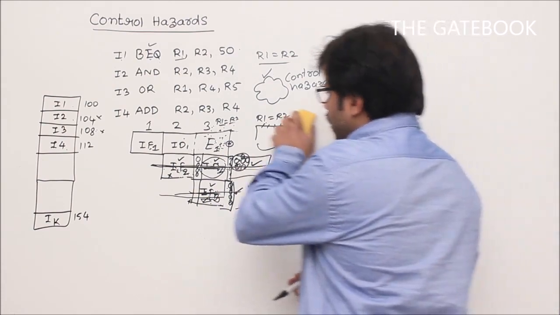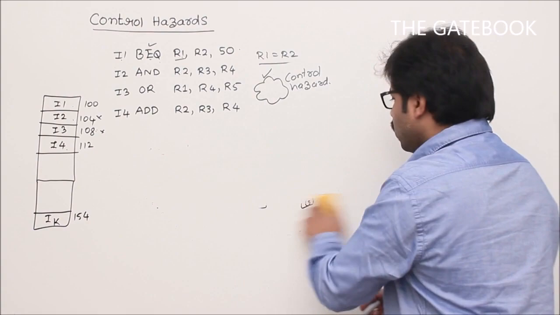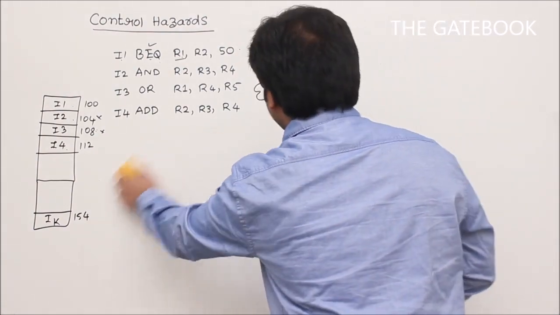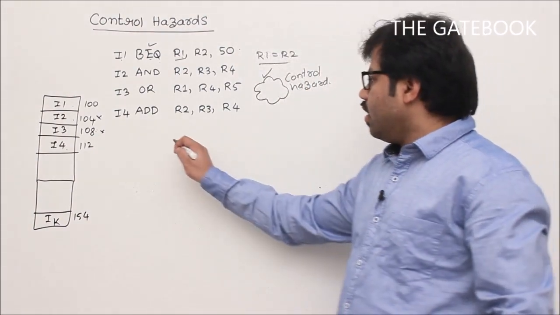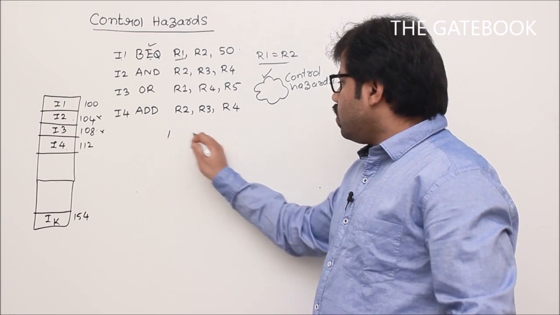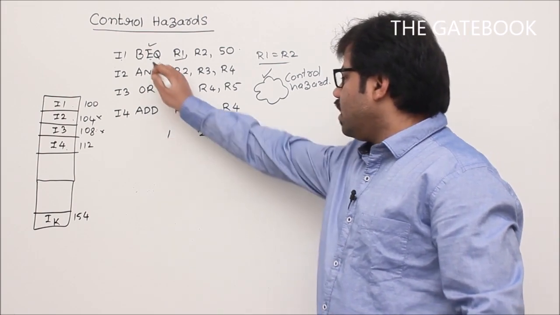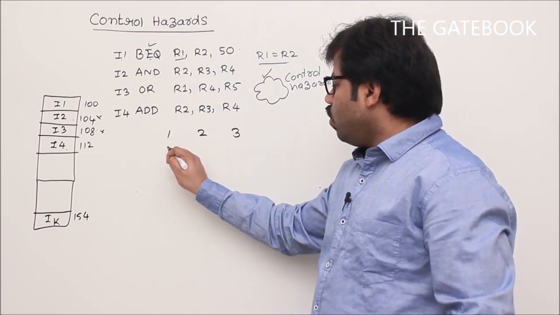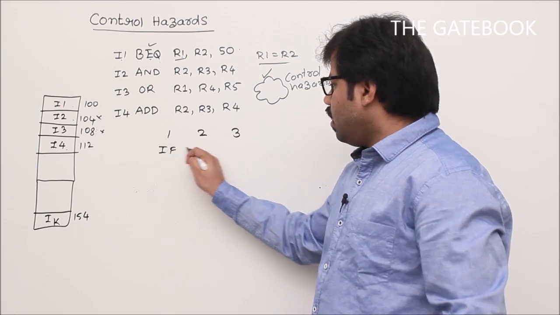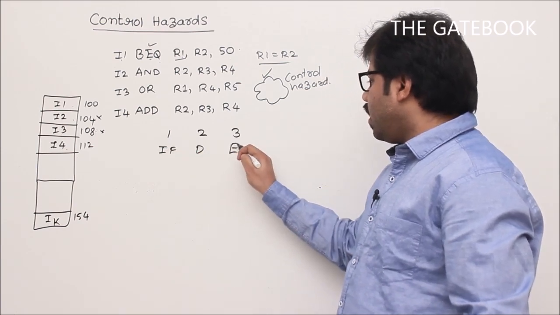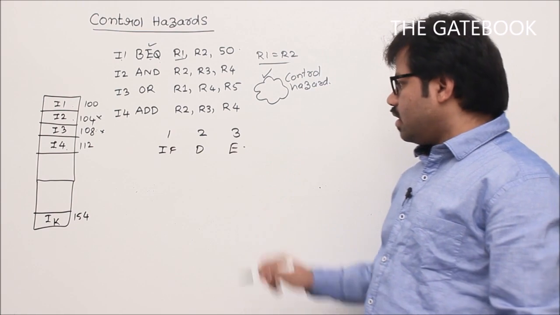Now let us summarize. In this summary you will understand everything clearly. If you observe the 3 clock cycles, whenever there is a branch instruction, you will be fetching the instruction, decoding, and executing. By that time you will be executing the branch instruction.